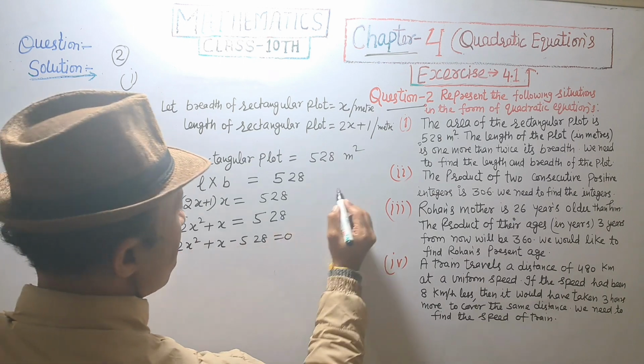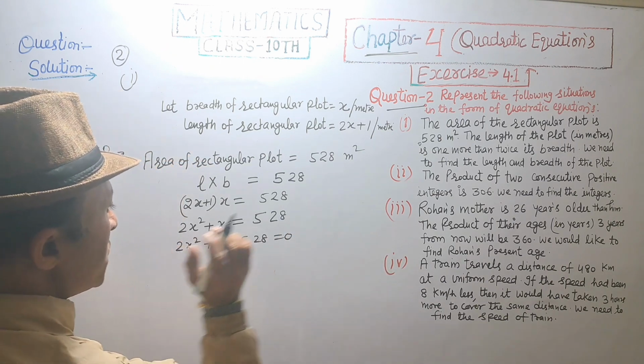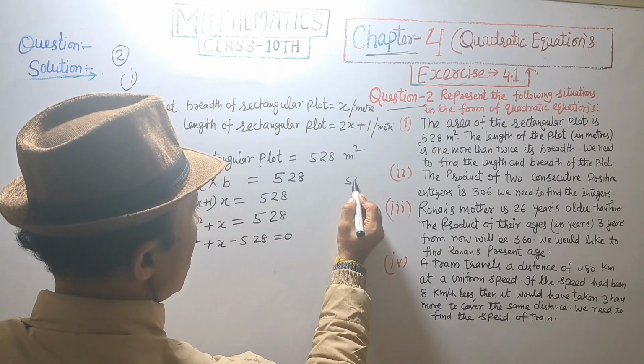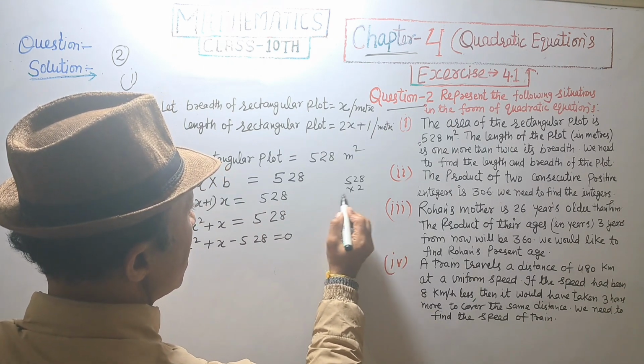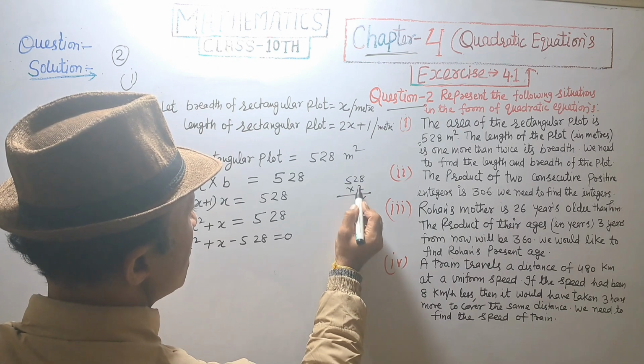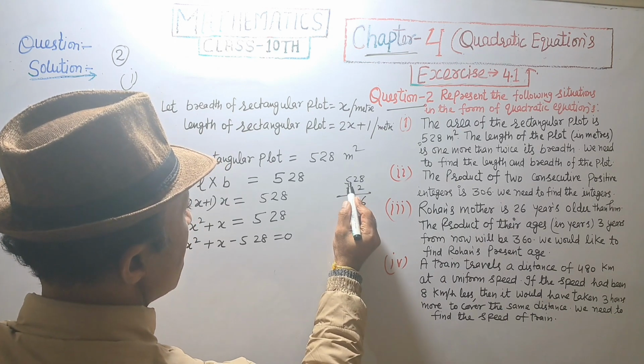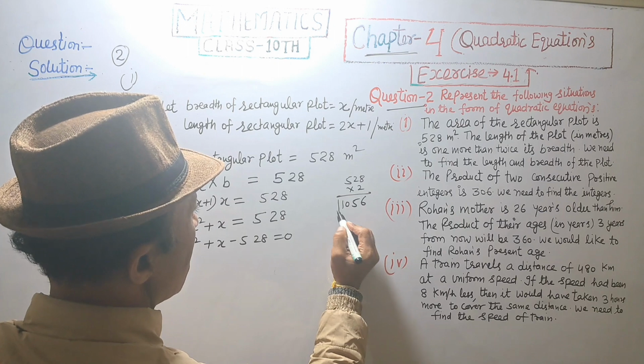Splitting the middle term: 528 multiplied by 2 is equal to 1056.